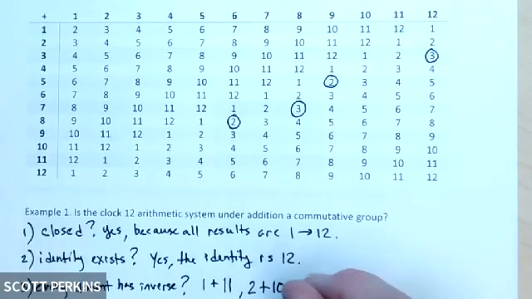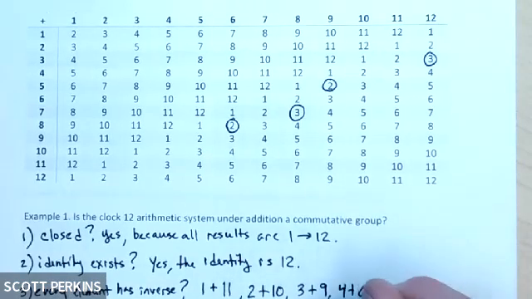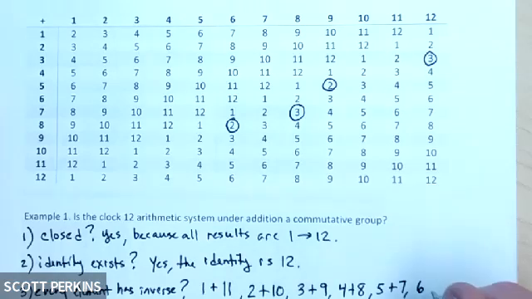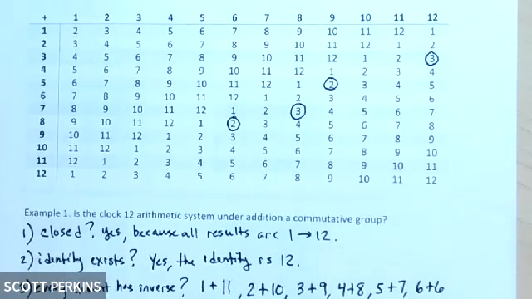So then 3 and what? 4 and, 5 and, then 6 and 6, and I'm going to keep going because not every group we do will be commutative, meaning the same thing backwards and forwards.